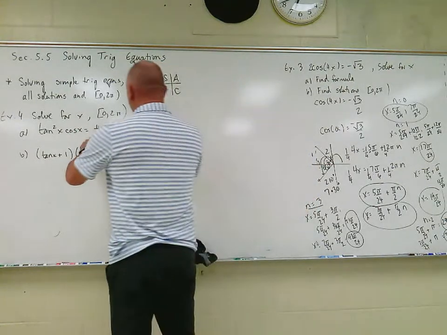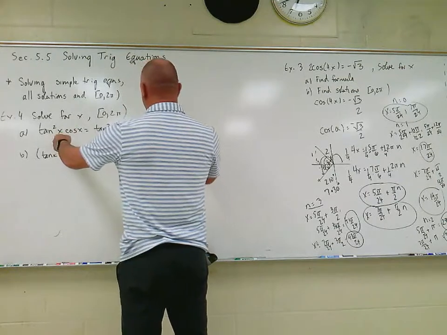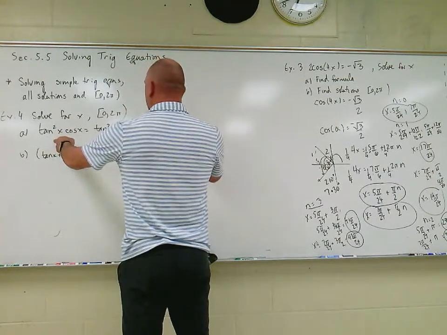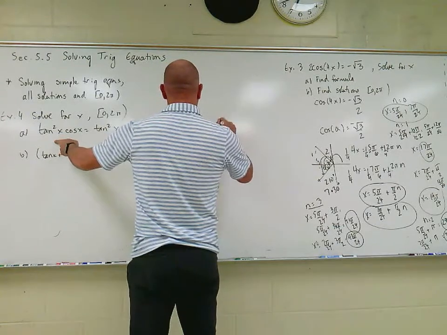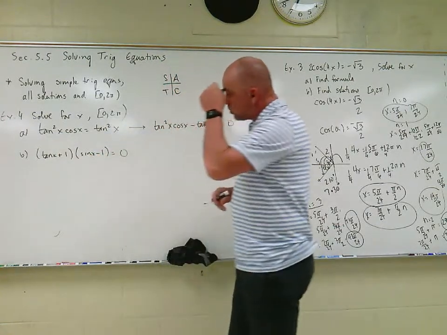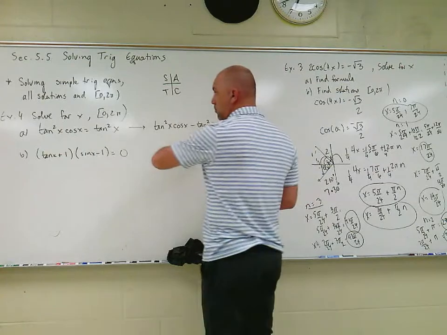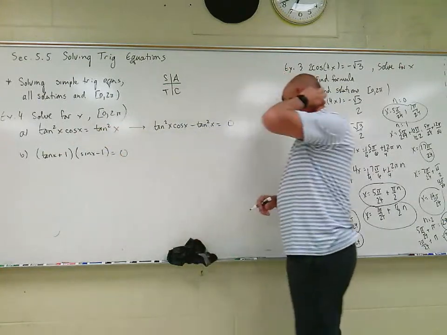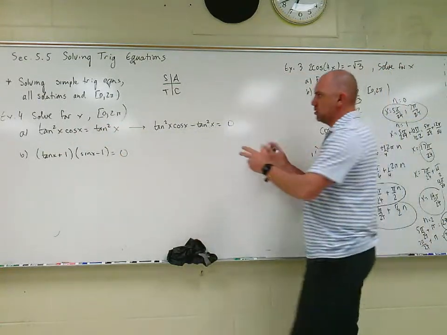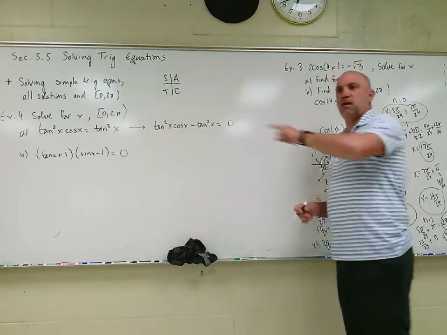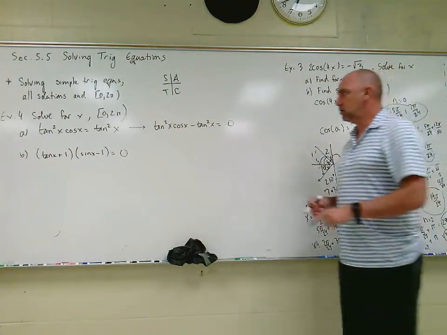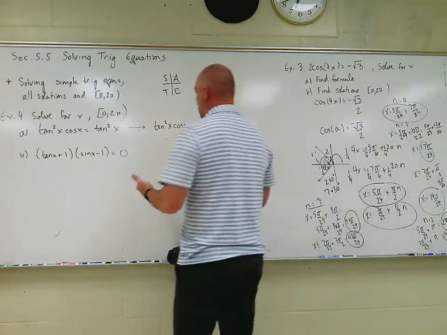So on the first one, I'm going to move my tangent squared over, and you'll see that will set me up for factoring so I can get some simple equations. So on the first problem, I moved the tangent squared over. Now when I look at this equation, I can see that in both terms I have a tan squared x, and I can factor that out. Don't worry about the squared right now, it's not going to matter.